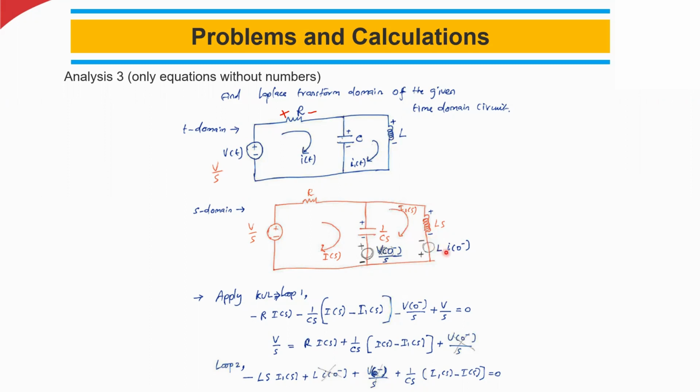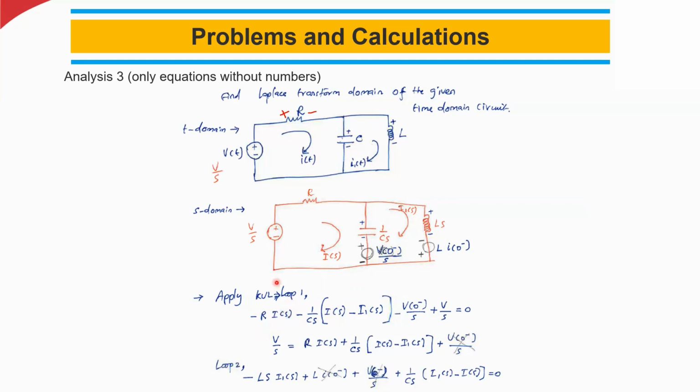Now we can apply KVL again. I can write the supply voltage equal to the voltage drops across all the elements, with plus signs. For example, here I have R times I of S plus 1 divided by Cs times I of S. I can write it in this way, or I can also write it the other way.